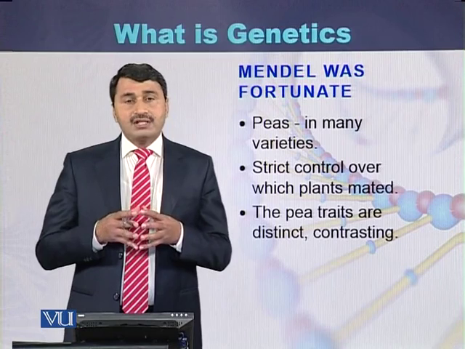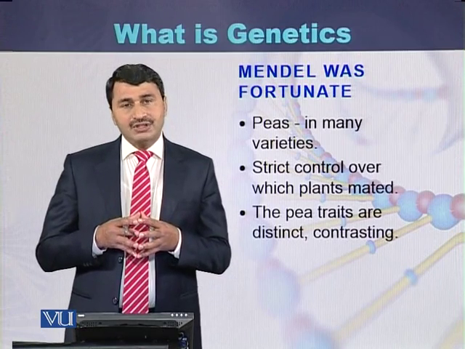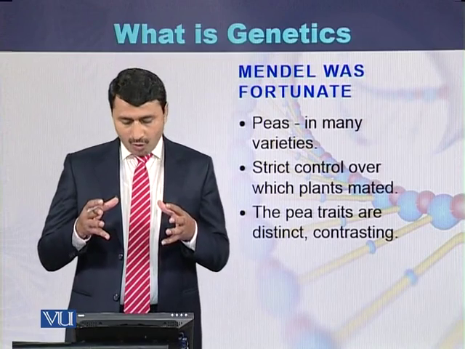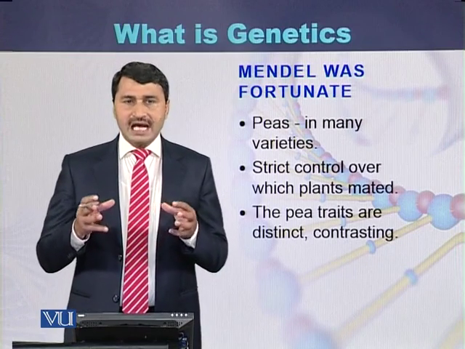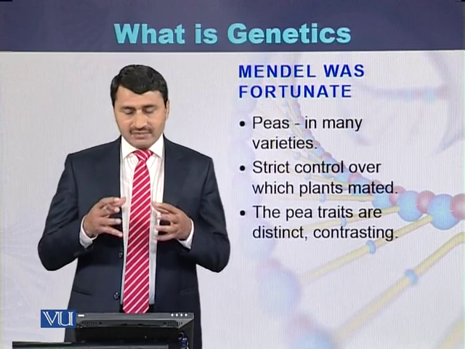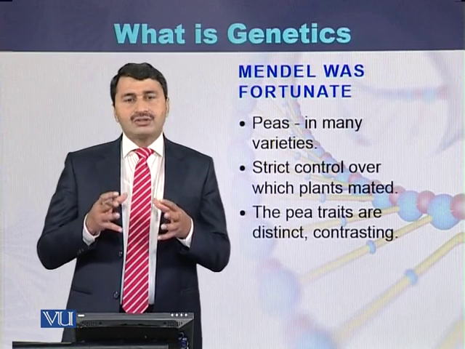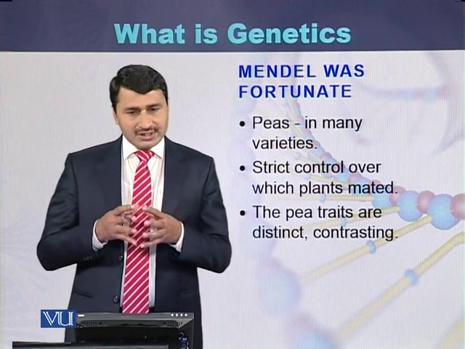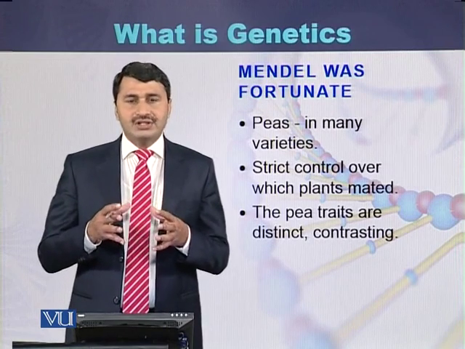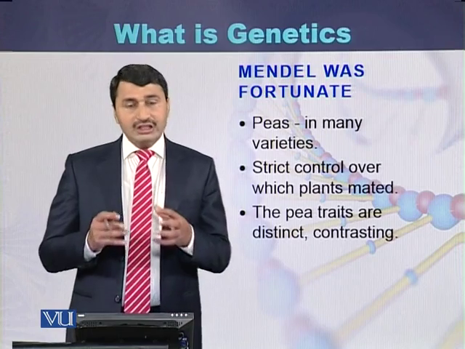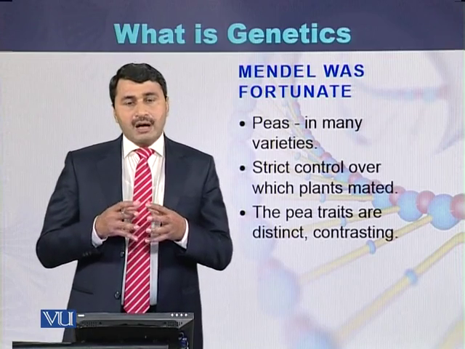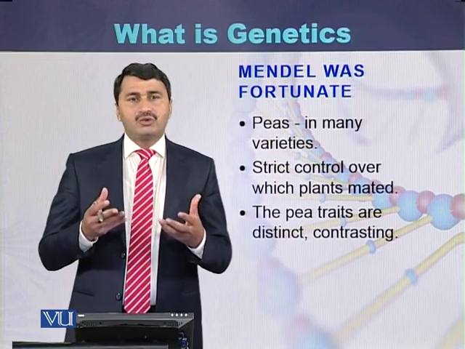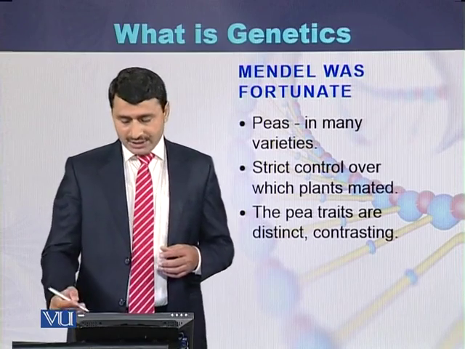When Mendel was performing his genetics experiments, he had strict control over the different plants that he mated, as well as the traits of the garden pea. The traits were clearly contrasting and distinct from each other. These were the major properties that helped Gregor Mendel formulate the laws of heredity.